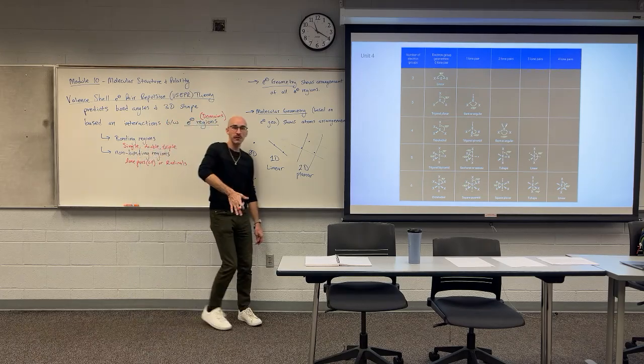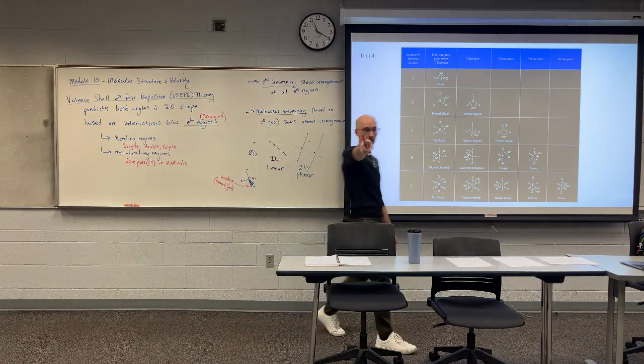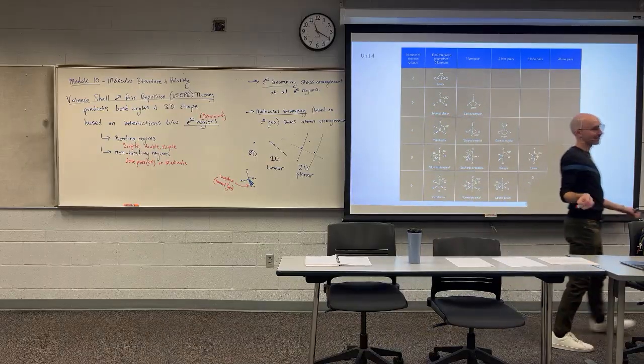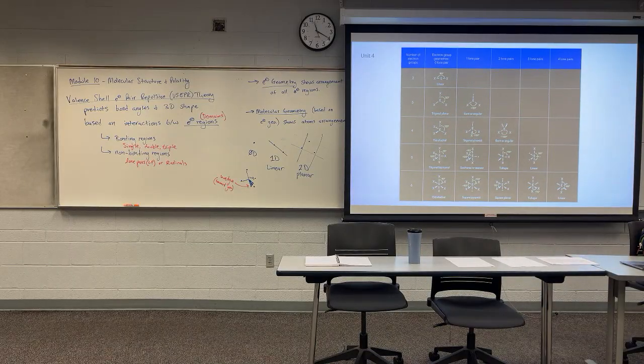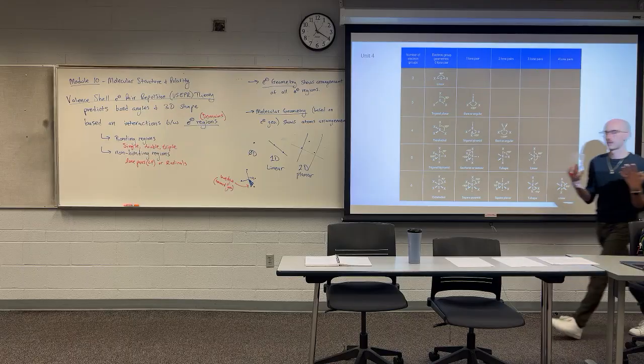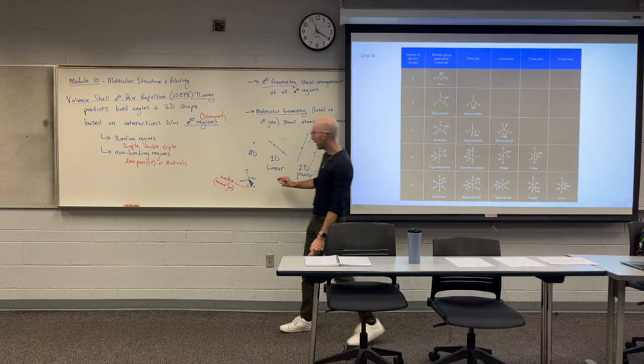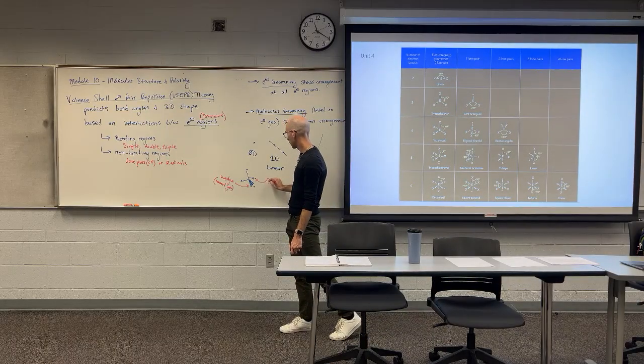It's coming out of the plane of the board and it's oriented at you in space. I just can't show it actually coming towards you because that's a 2-dimensional board. We're trying to represent 3-dimensional things on 2 dimensions. This dash is showing something that's going away from you.